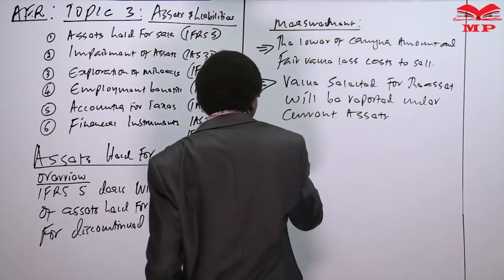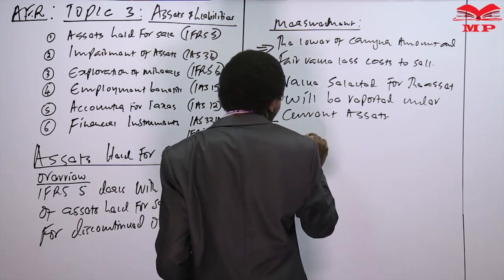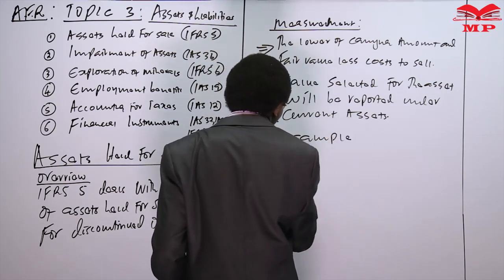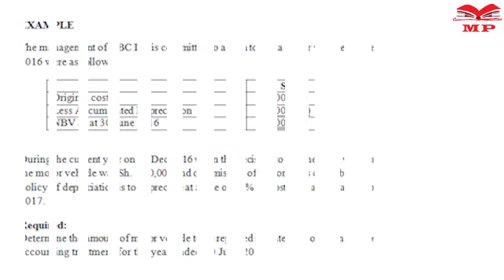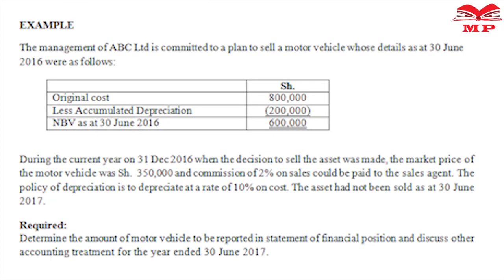So let's look at an example. ABC Limited: the management of ABC Limited is committed to a plan to sell a motor vehicle whose details are as follows.